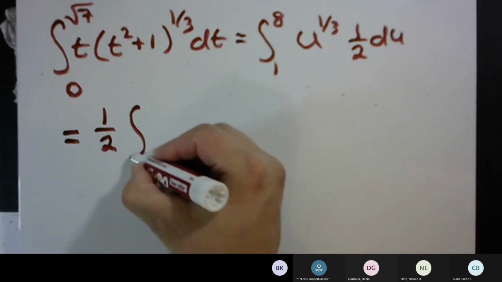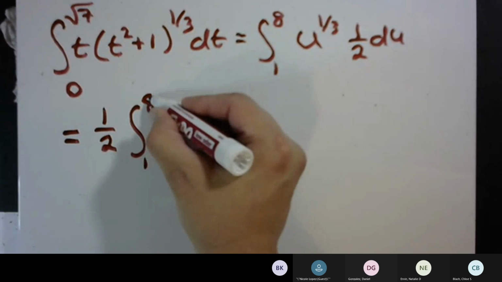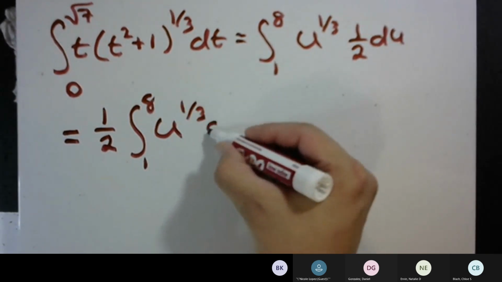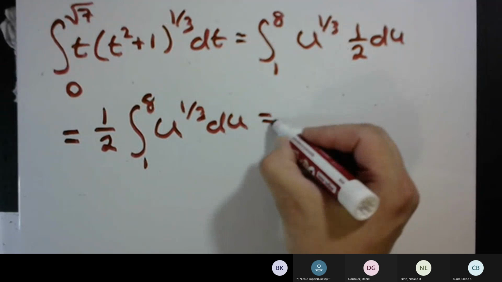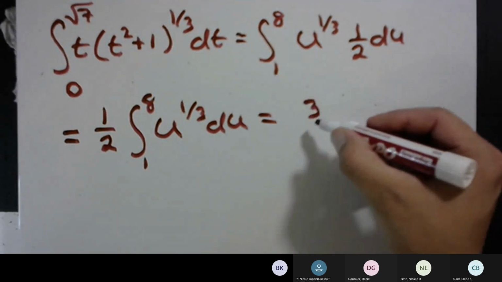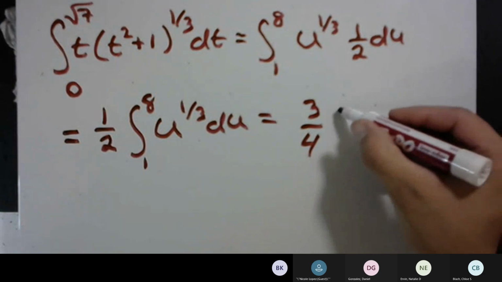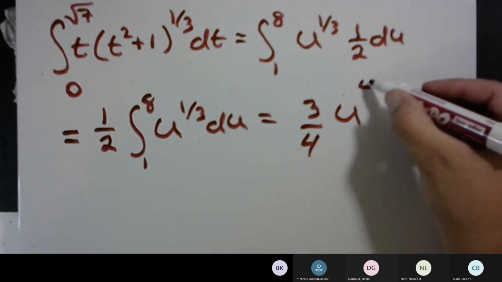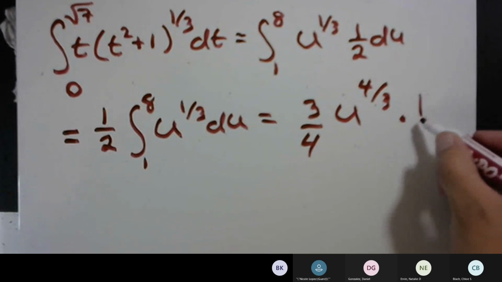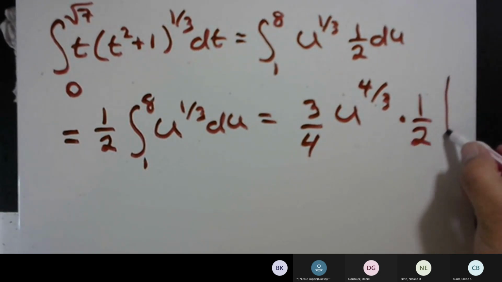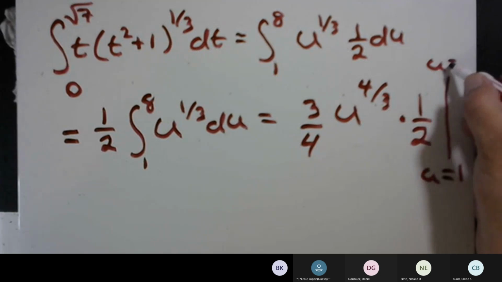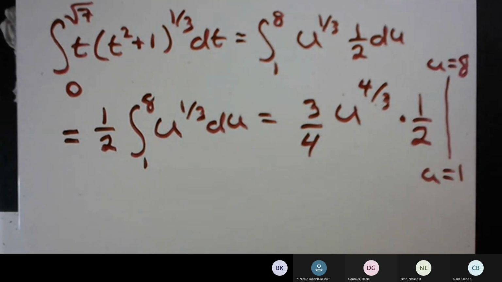It's a constant, so it'll work its way out. u to the 1/3 du. And again, this is going to be 3/4 u to the 4/3 times 1/2. And we're going to evaluate this from u equals 1 to u equals 8.